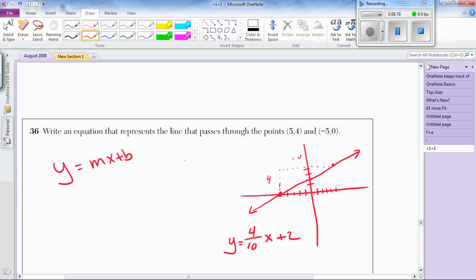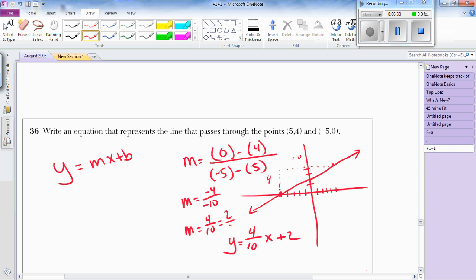First thing we're going to do is find the slope. 0 minus 4 all over negative 5 minus 5. This becomes negative 4 over negative 10, which of course is positive 4/10. And again, that can be reduced to 2/5. So now I've got y equals 2 over 5x plus b.